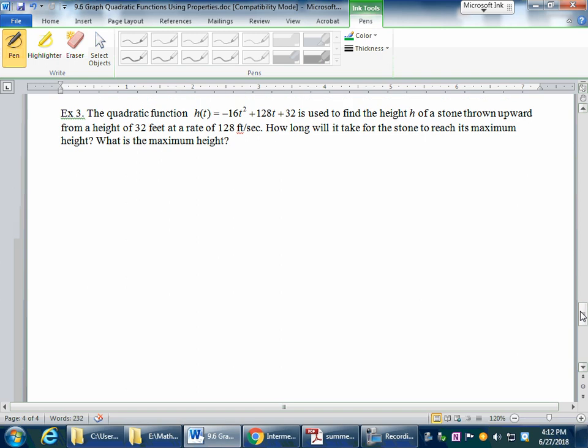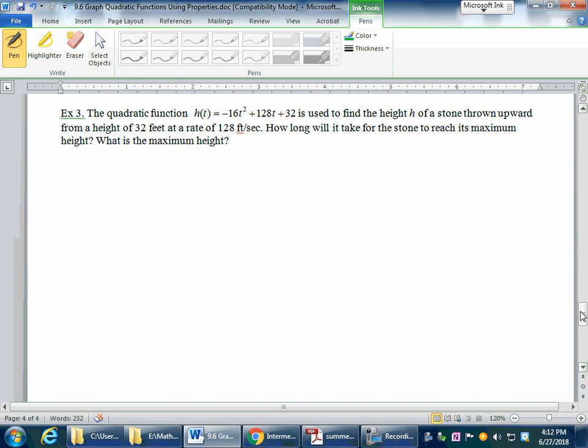So in this case, you are given a quadratic function h of t is -16t to the second power plus 128t plus 32. And we want to find the height h of a stone thrown upwards from the height of 32 feet at a rate of 128 feet per second.